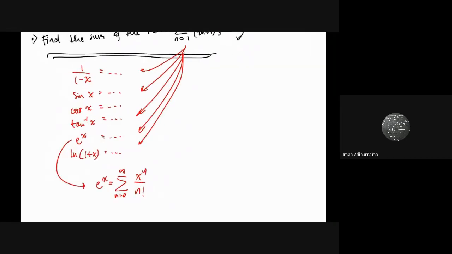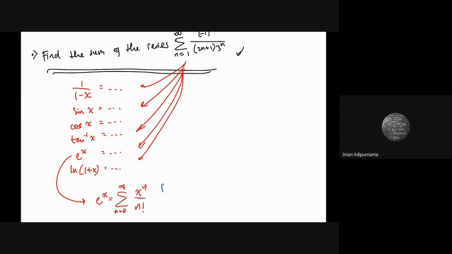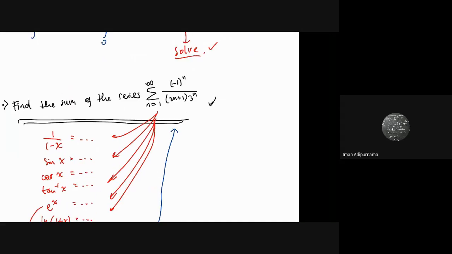So because it's having some x here, meaning you need to find x so that you will get this result. And when you do that, then you can find the sum of the series.